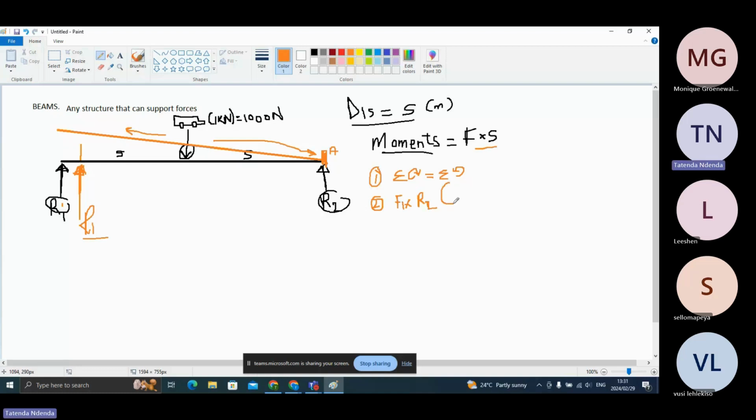In other words, we are taking moments about R2. The reason you say this force is going to move up to this one is because R2 is stationary. R2 is not moving.